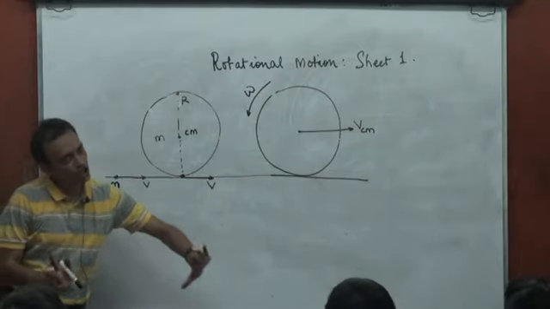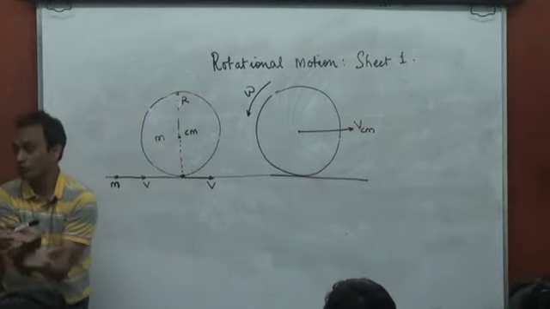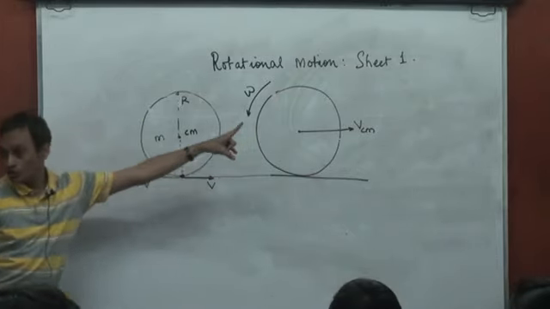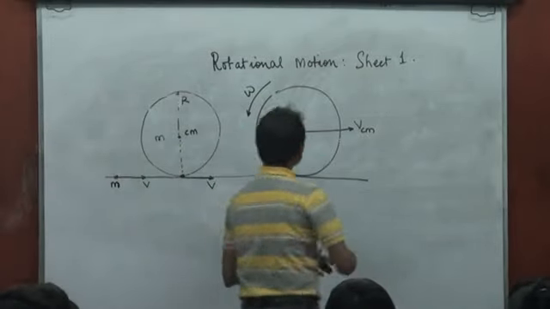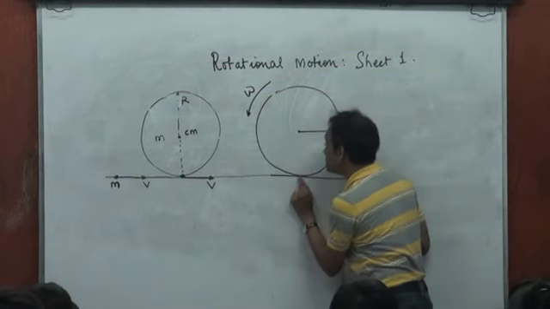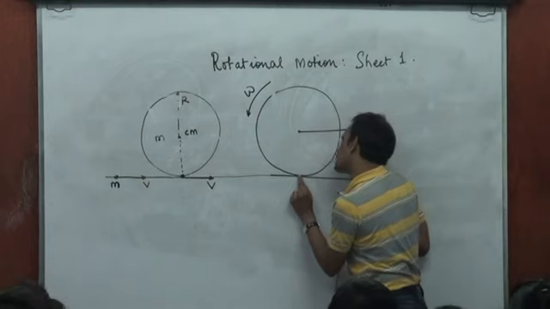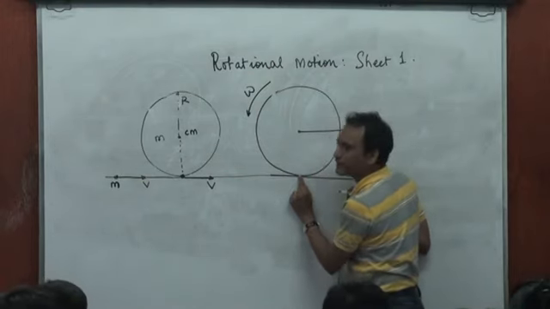So no net external force in the horizontal direction for the bullet plus hoop system. No external forces horizontal. As far as the bullet is concerned, well, when it becomes integral with the hoop at this point, then it will share the same velocity as that of the hoop at this instant.